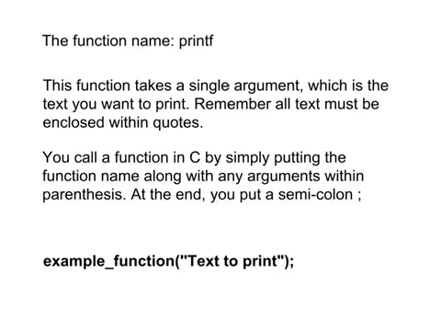So all you have to do is remember that the function name is printf, and the way you call a function in C is putting the function name followed by a parenthesis and then the argument or arguments, which in this case is just going to be a string of text enclosed within quotes. At the end of that, you're going to put a parenthesis and then a semicolon at the very end.